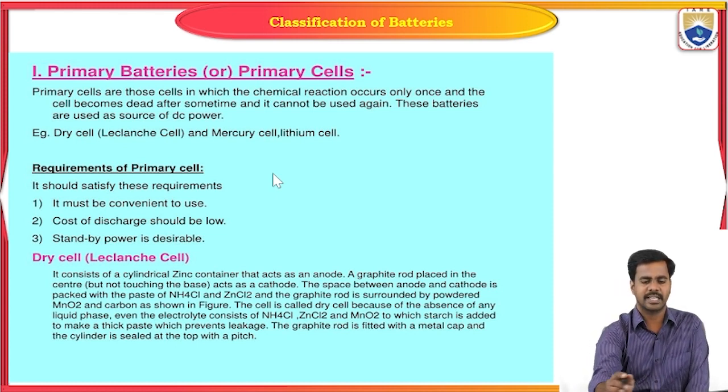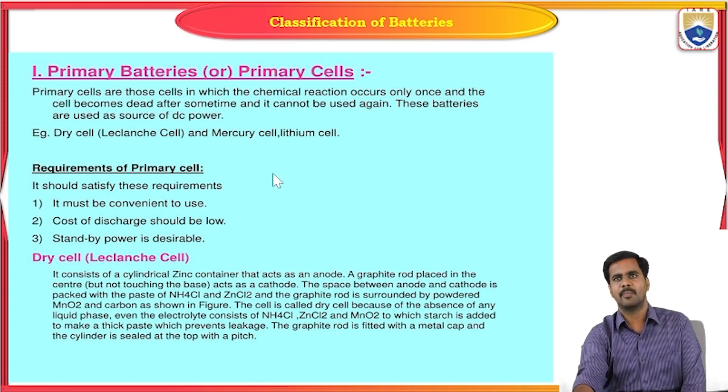Examples: bright cell, that is Leclanché cell, mercury cell, and lithium cell. Let us see the major requirements for a primary battery. It must be convenient to use, cost of discharge should be low, and standby power is desirable.